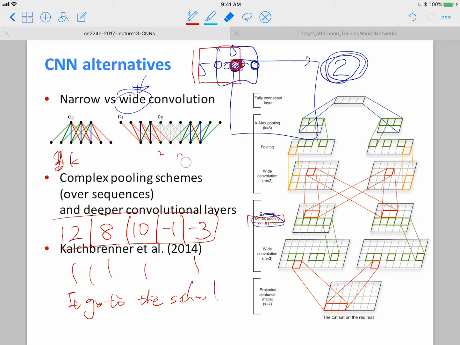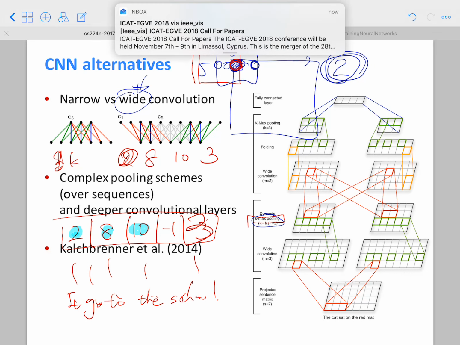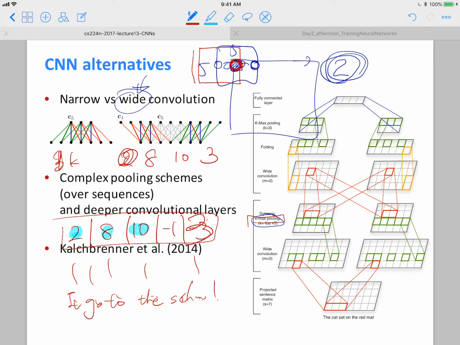Though it's not a very intuitive example, the output will be 2, 8, 10. But if we had a 3 here, it will be 8, 10, 3. That way we obey the order of these k largest numbers in terms of their appearance in the sequence. That's what k-max pooling is doing.